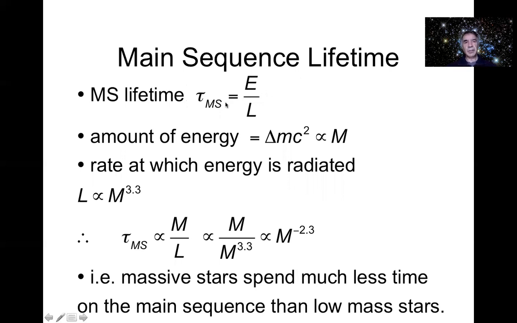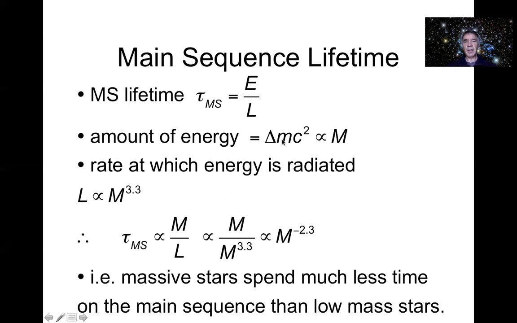We've already seen a little bit of this when we talked about the sun initially: how long is it going to spend burning hydrogen, which is what we mean by main sequence lifetime. We saw that the main sequence lifetime, which I'm giving the symbol tau MS, is equal to the total amount of energy available from fusing hydrogen into helium, determined by the rate at which energy is lost, which is the luminosity. The energy comes from E equals mc squared, or delta m.